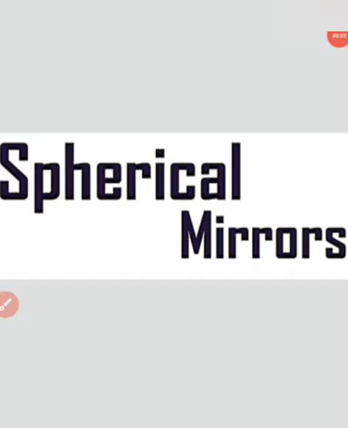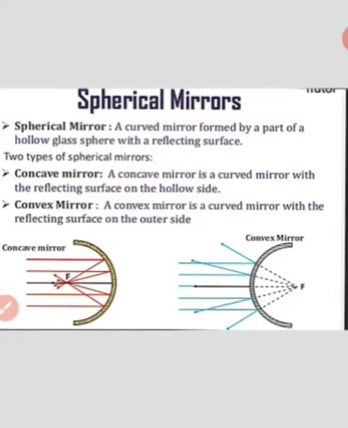So students, let's begin spherical mirrors. Spherical mirrors are curved mirrors formed by a part of a hollow glass sphere with a reflecting surface.